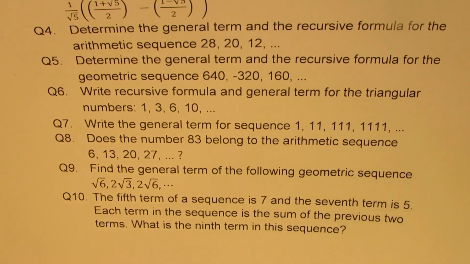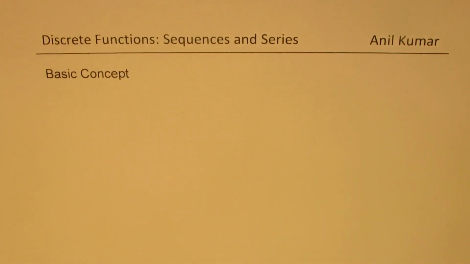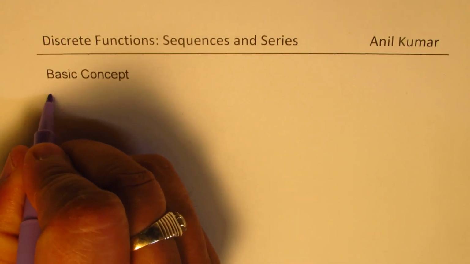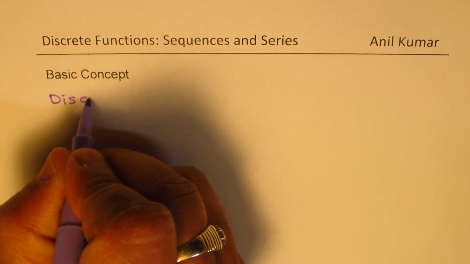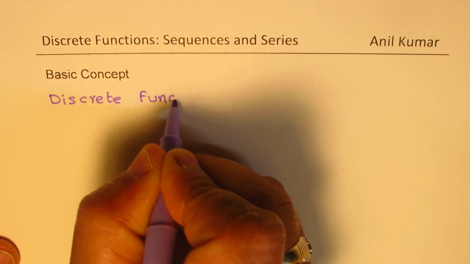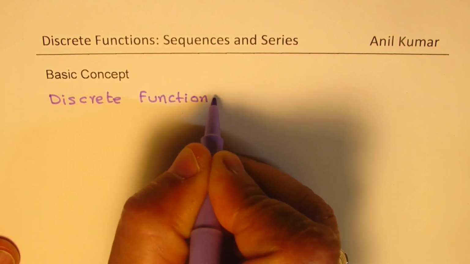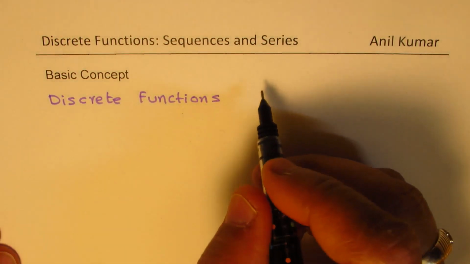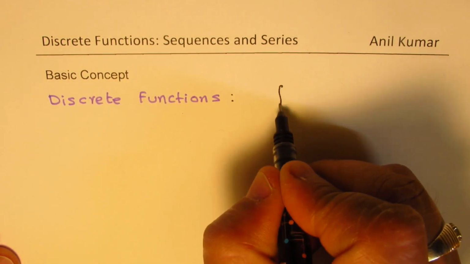Let's begin with the very basic concepts first. So when we say discrete functions, what does that mean, right? So let's look into this word, discrete function. Let's take a very simple example and let's say function notation f of x.